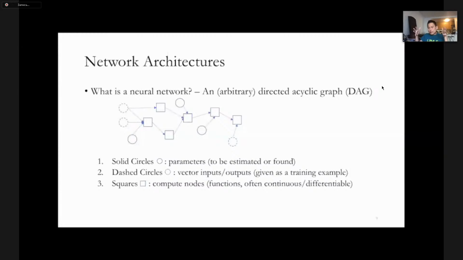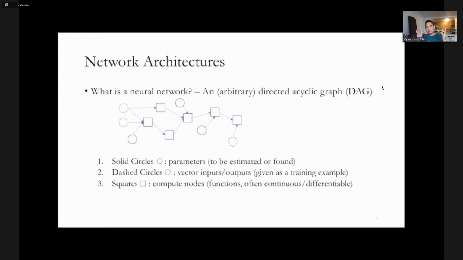Once we have this directed acyclic graph, it fully characterizes what kind of neural network we're going to build. It has nodes that correspond to the input, nodes that correspond to the parameters of this network, and nodes that correspond to what kind of computation is being done.